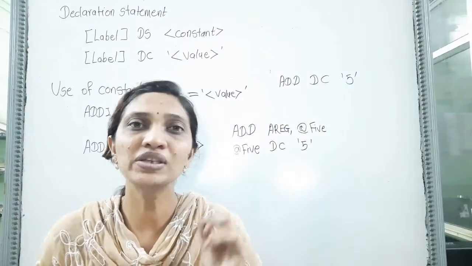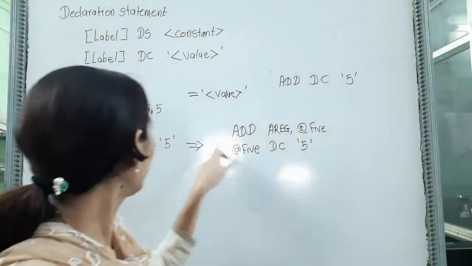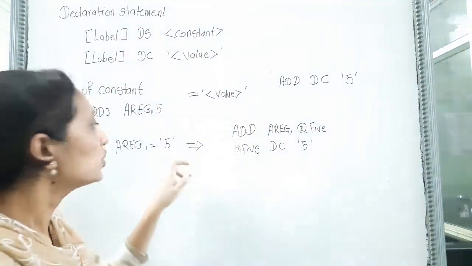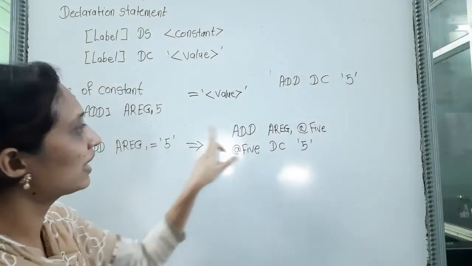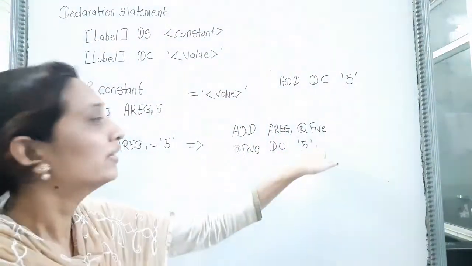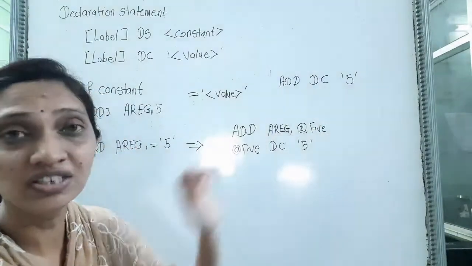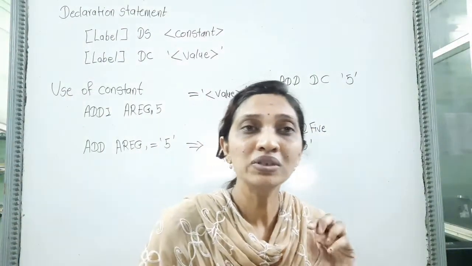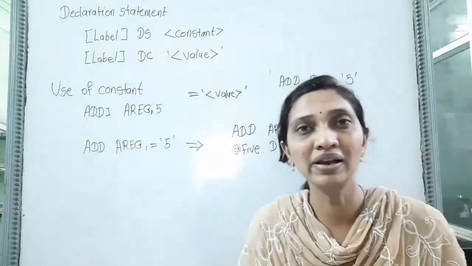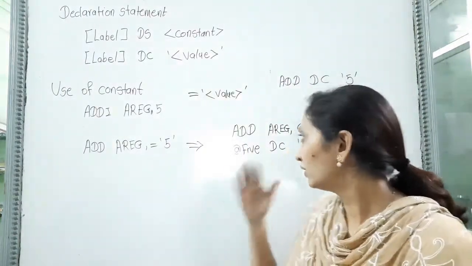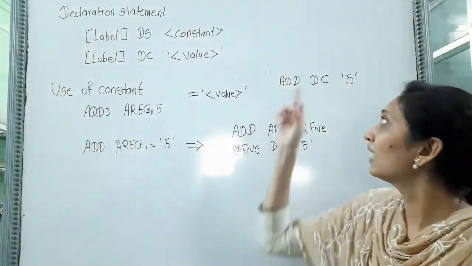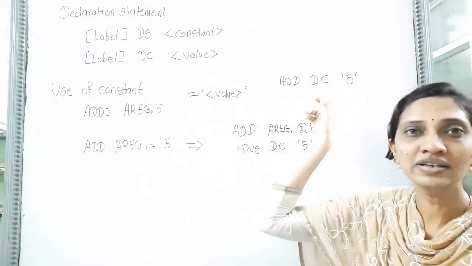But if we are using the literal, in that case we give the statement ADD ARG equal to 5. Internally this statement is handled like this, ADD ARG comma @5. This is an address generated by the assembler, which the programmer does not know. So there is no possibility to change the value by using a DC statement.